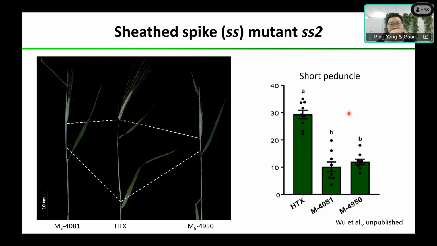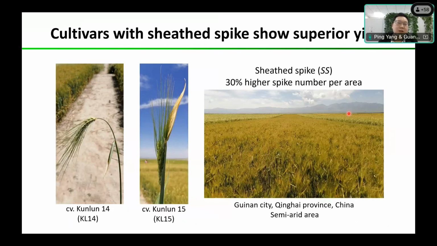We noticed these mutants because in the west part of China there are some Chinese varieties that show this short spike phenotype. For instance, this is one cultivar, Quinton 15, and its sister cultivar, Quinton 14.